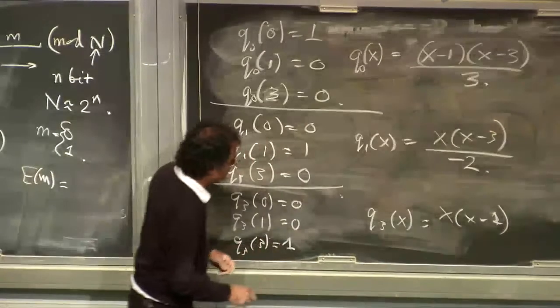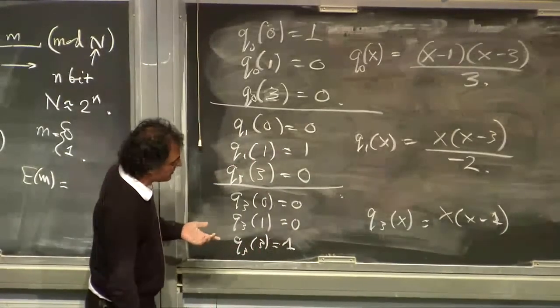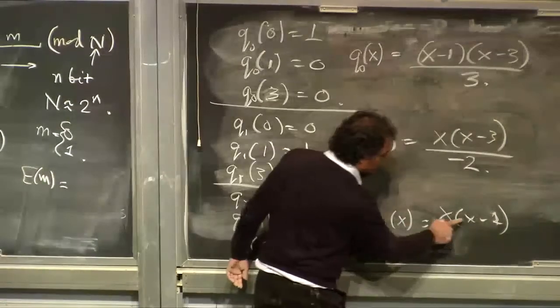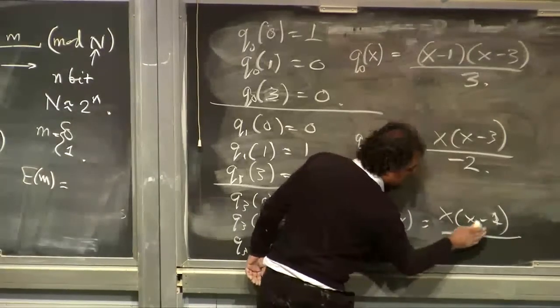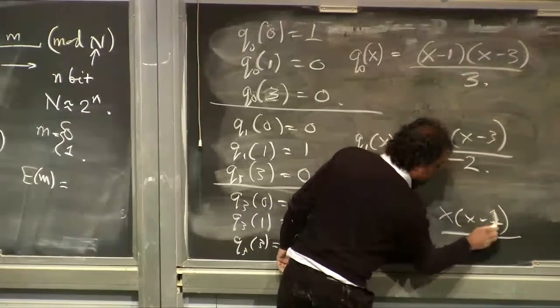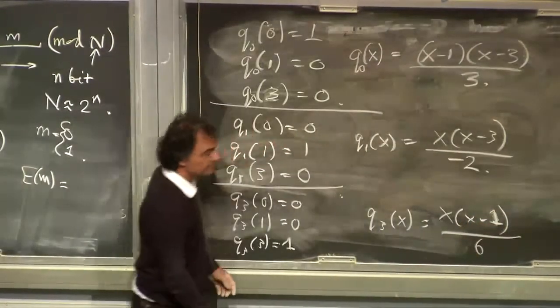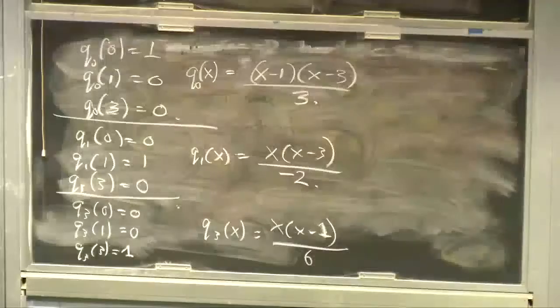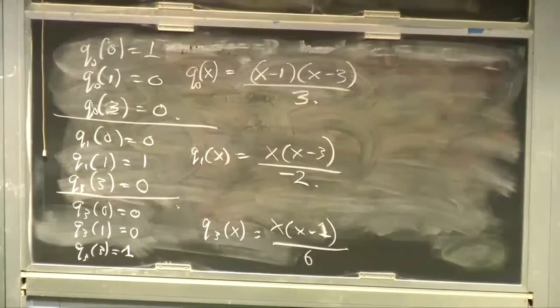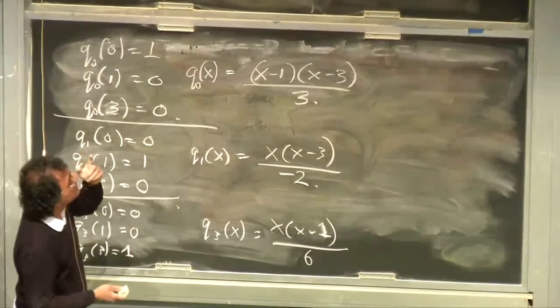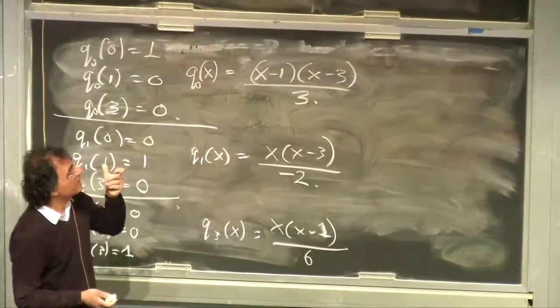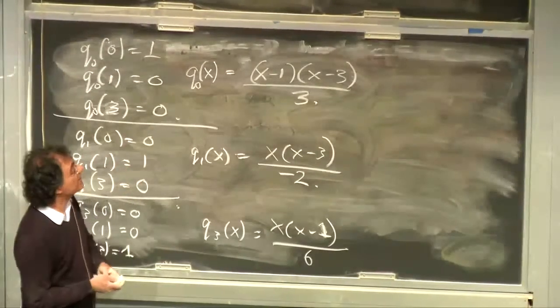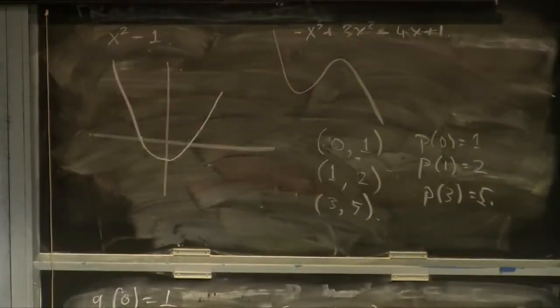And then we substitute x equal to 3, and we get 3 times 2 is 6, so we divide by 6. Okay? And now, what do we actually want? We want a polynomial P which is 1 at 0, 2 at 1, and 5 at 3. Right? So how do we get that?